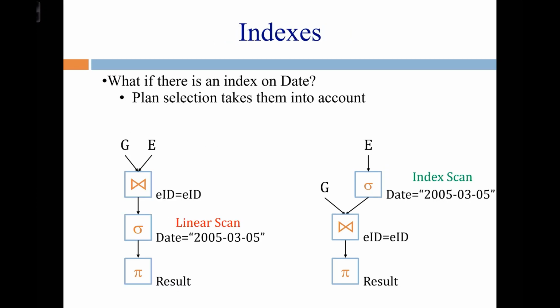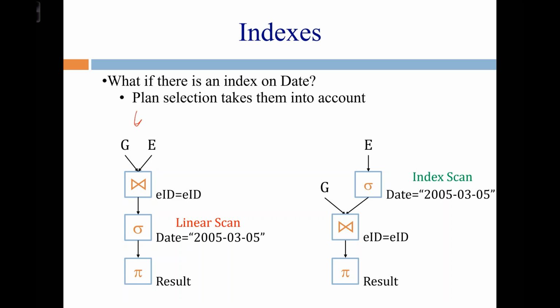But what if there is an index on events.date? Then, doing this events filter in the plan on the right, we can use the index to filter out just the ones that took place on that date. So instead of looking at 100 rows, we look at log of 100 rows, a very small subset of the total rows.